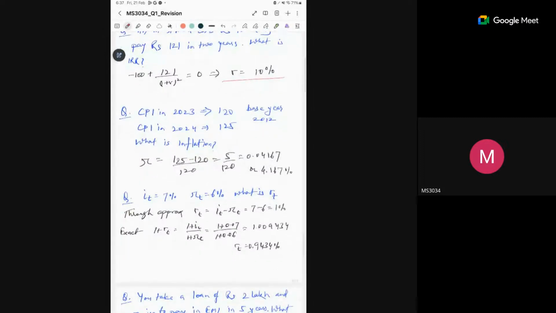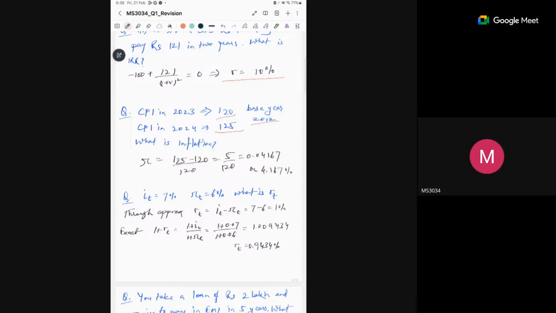Okay. So for example, if the base year is 2012, which is the case with RBI, so RBI has given us numbers in the base year of 2012. According to that base year, CPI in 2023 is 120, and CPI in 2024 is 125.